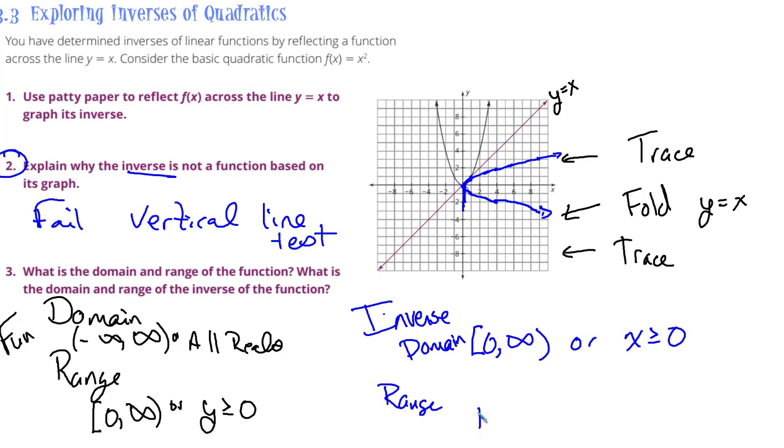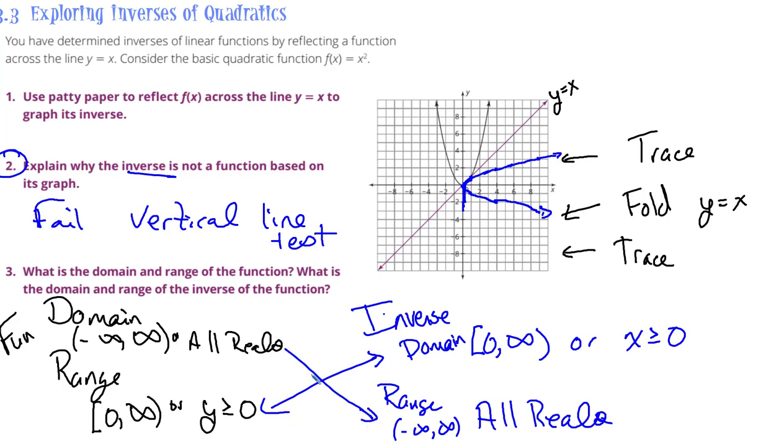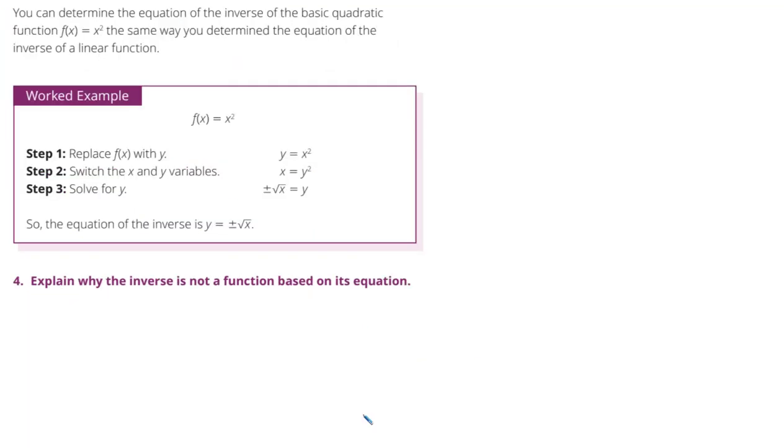So it will eventually cover all the reals, and that's negative infinity to positive infinity as an interval notation. So if you'll notice, the domain and range switch locations on inverse functions.